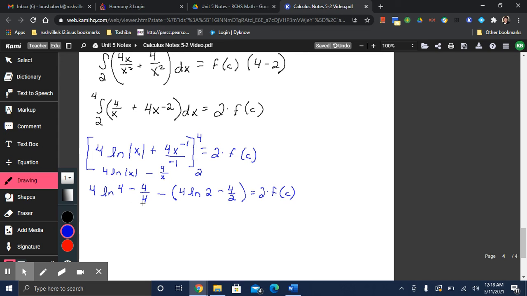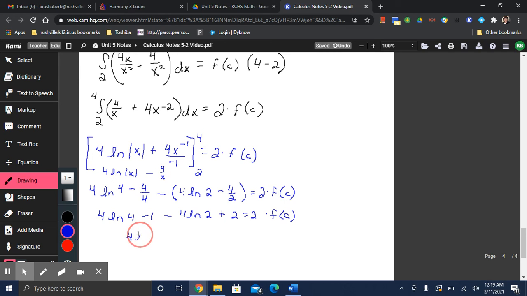Well, you can do some simplifying on this just to make it a little bit easier to type in. So this will be 4 natural log of 4 minus 1 minus 4 natural log of 2 plus a 2. And a little bit more simplifying. You've got some like terms that you can combine together. So we could also go ahead and divide both sides by 2 before we type it into the calculator. So the negative 2 and the 1 can be combined.